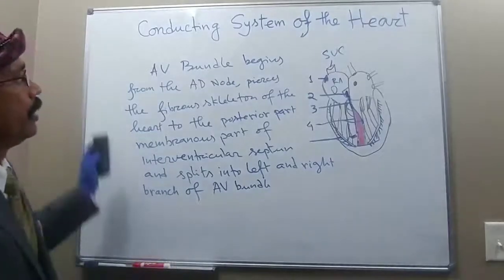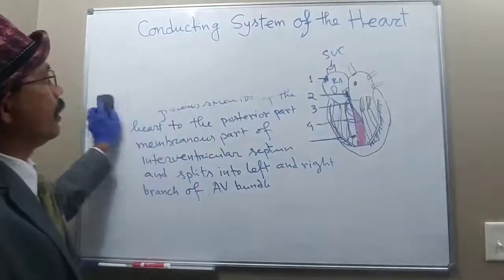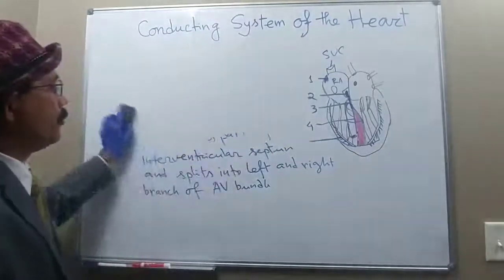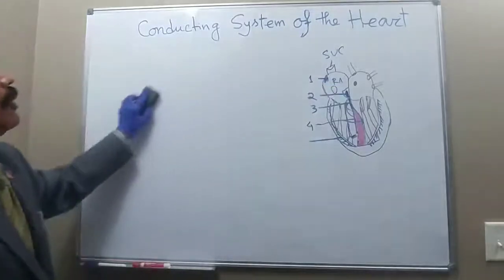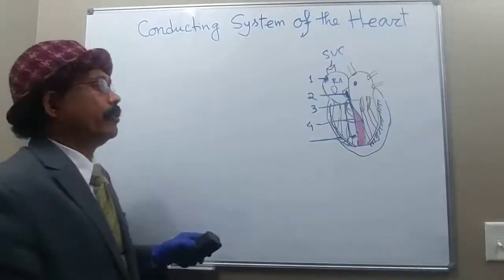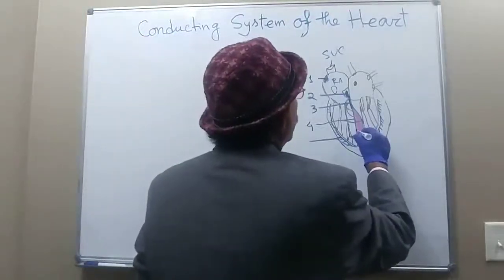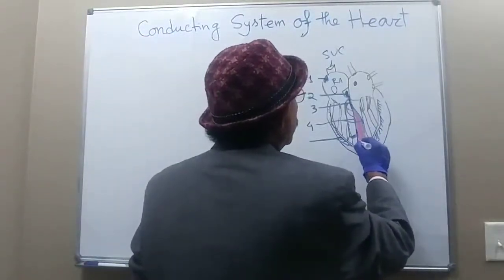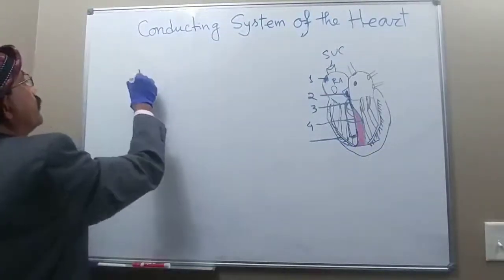Okay, we got the AV bundle, we got the AV node, we got the SA node or sinoatrial node. Then the branches will give rise to the formation of Purkinje fibers.